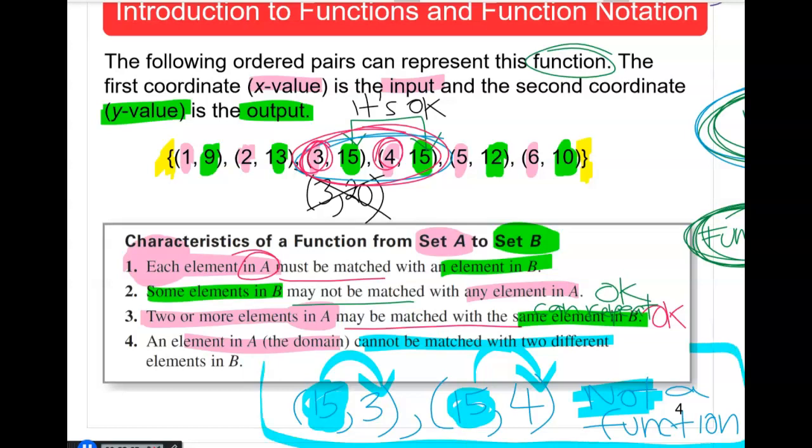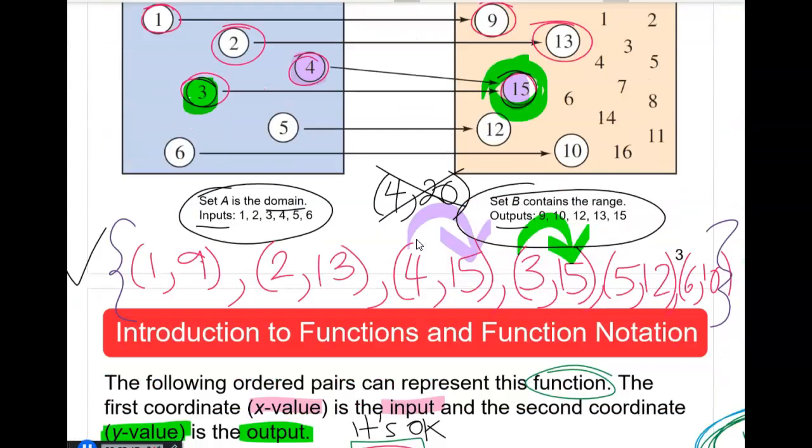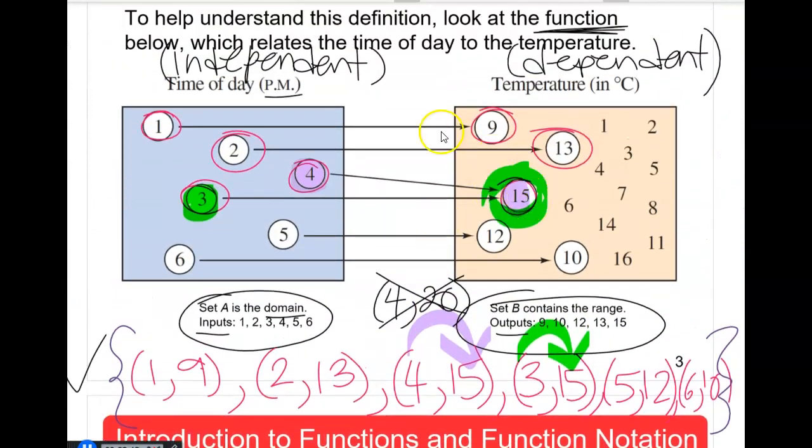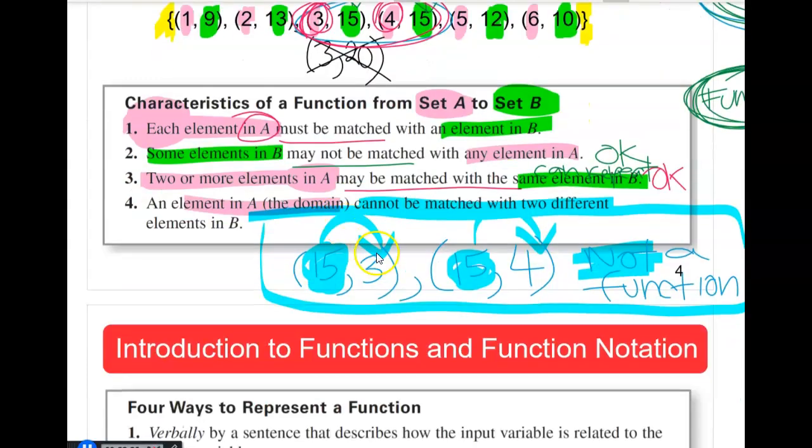If we were to reverse which one is the set A and set B for the example with the temperatures, if we were to reverse the order of this relation, making the temperature being the set A, the dependent, and then the independent, and then making the time being the set B, then that wouldn't be a function like I was showing here.